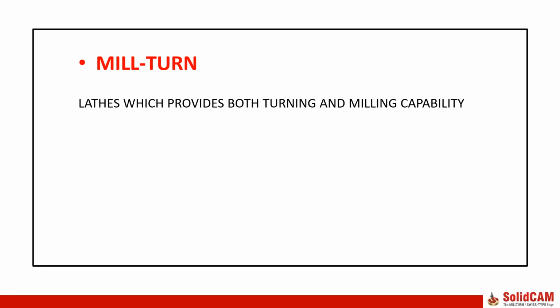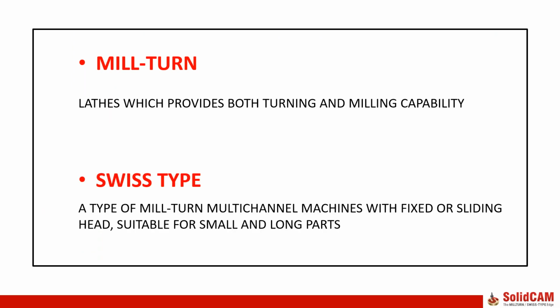We will be talking about these two, mill-turn machines and Swiss type machines, and we will try to define them and tell what the difference is, both technologically and from a SolidCAM point of view.